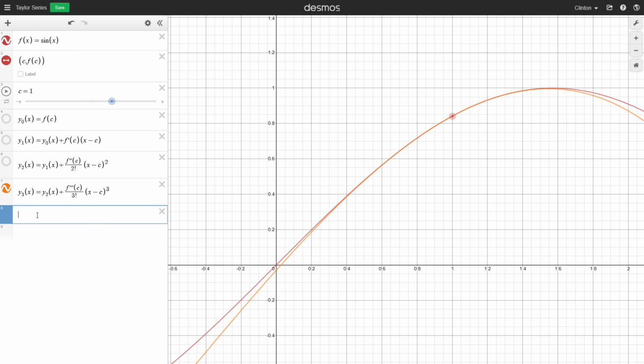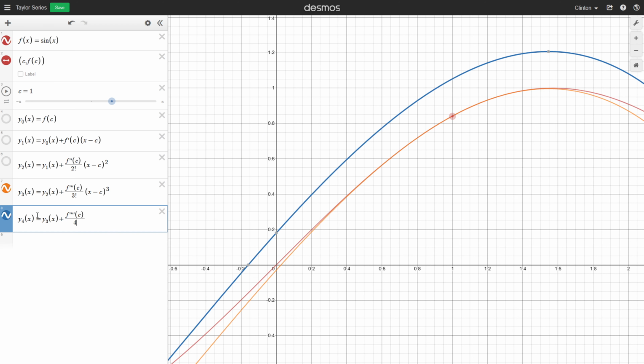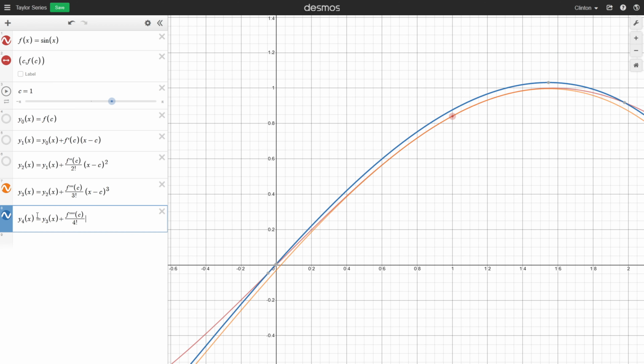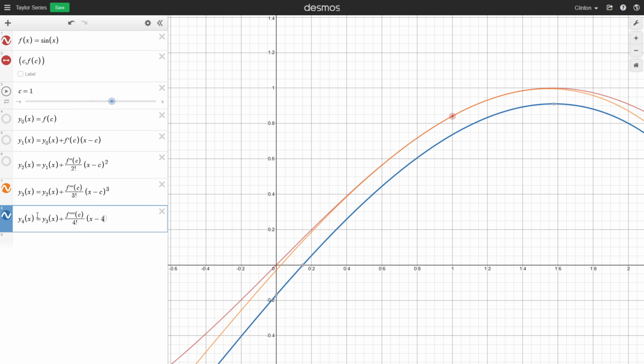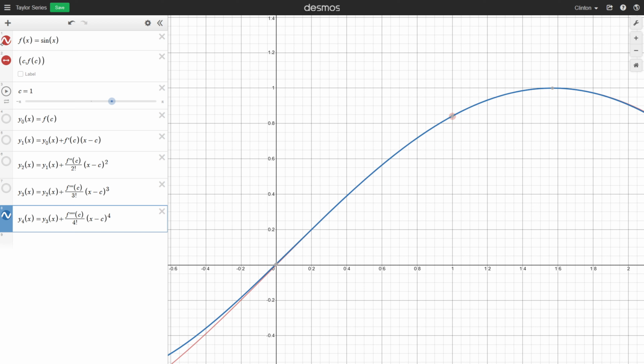Now if I tack on another one, let's do y sub 4, a fourth order, which will incorporate information from our previous approximation plus information from the fourth derivative. And if I get rid of that orange one, now look how close it is. 0.5 is right here.